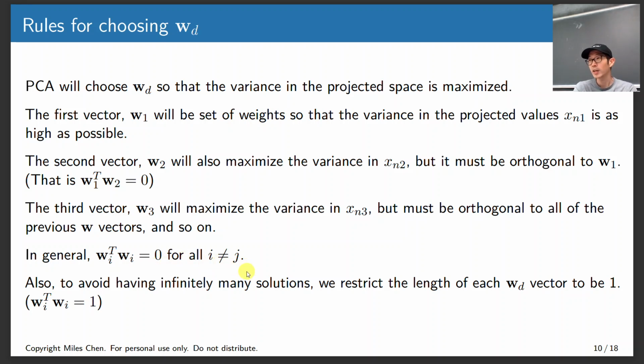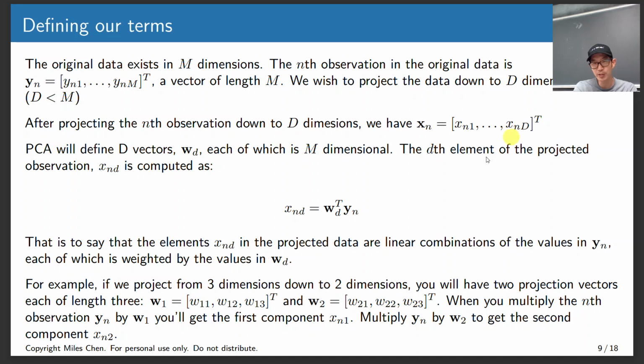Okay, and then if you leave these unbounded, you say we want the values in x to have maximum variance, and x is just found by doing w times y.